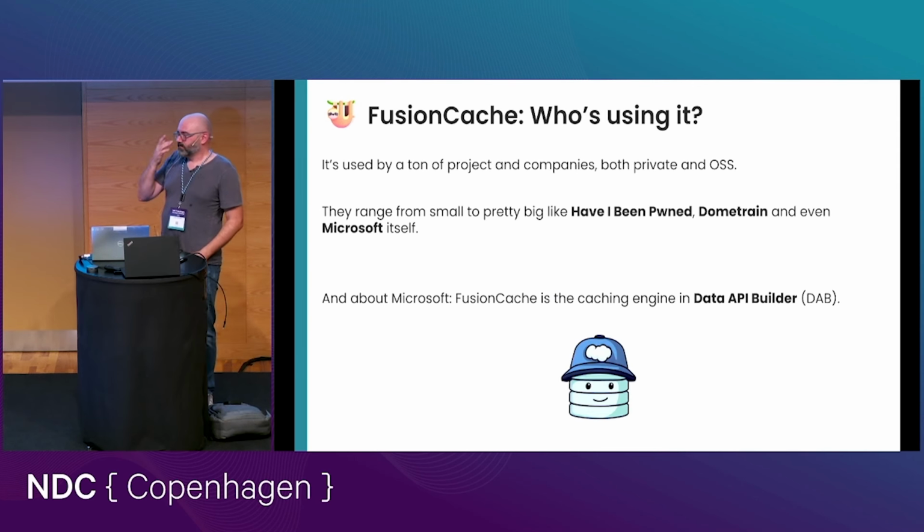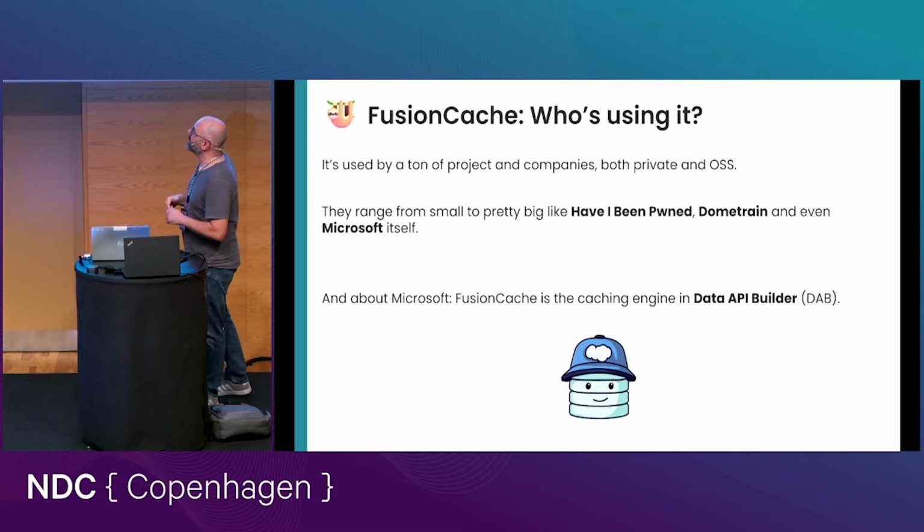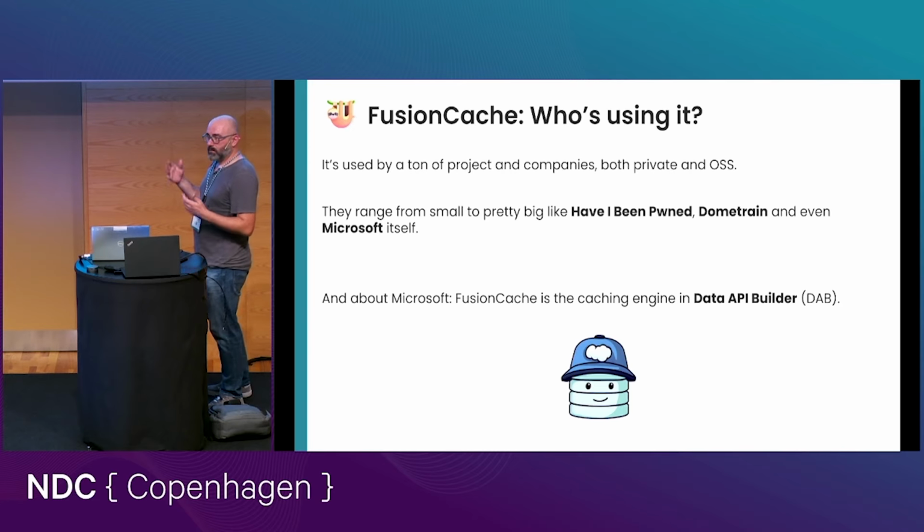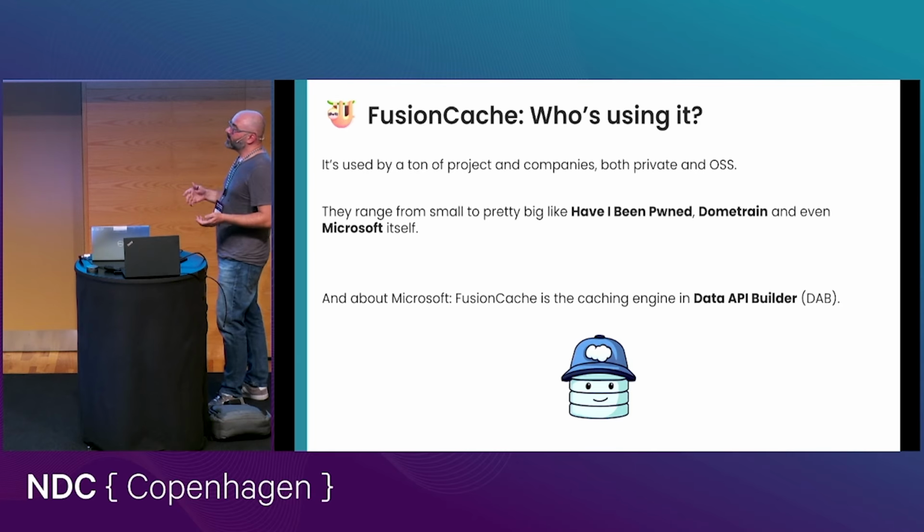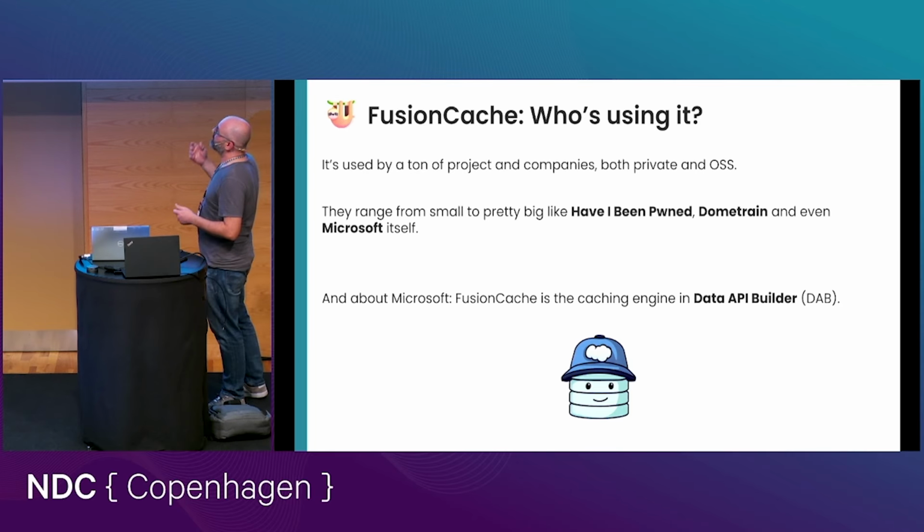Who's using it? Because, of course, you can say, oh, yeah, your nice little project, but is somebody using it? Well, it's used by a lot of projects, both open source and private, and companies. And regarding companies, they go from very small ones to pretty big ones, like Have I Been Pwned, whose main developer is here and will have a talk tomorrow, so I suggest taking a look at that talk.